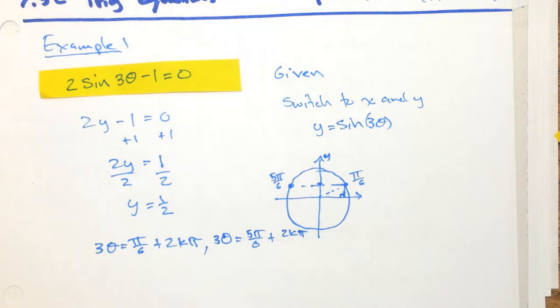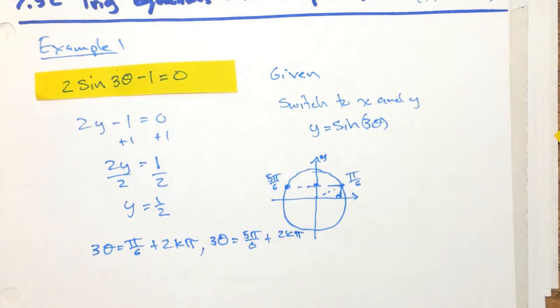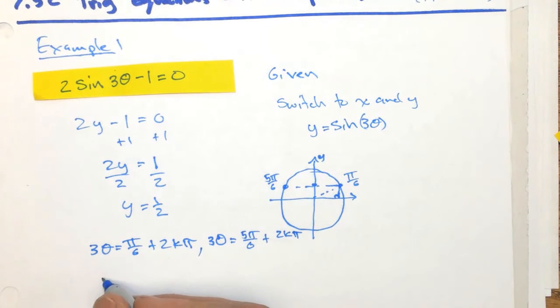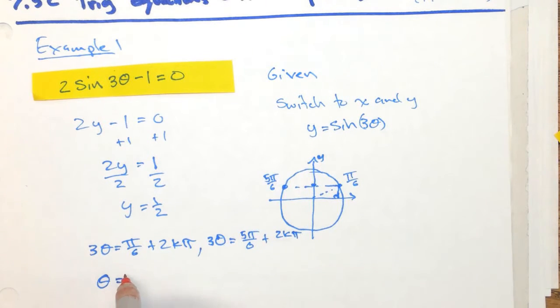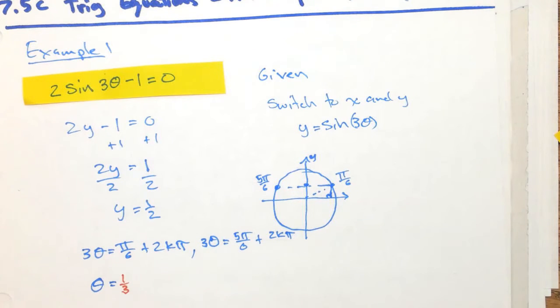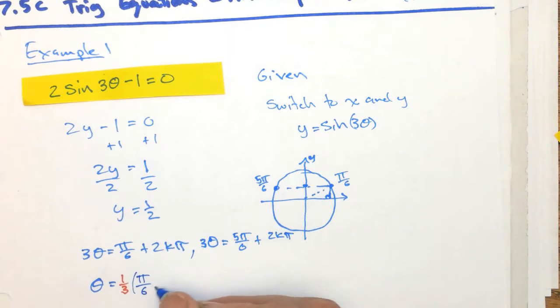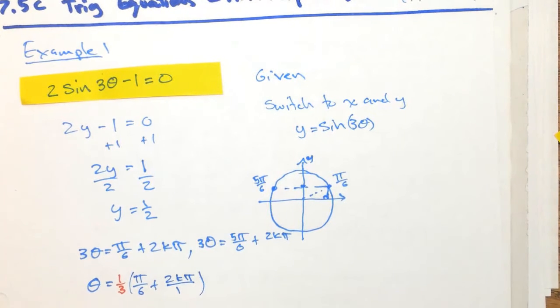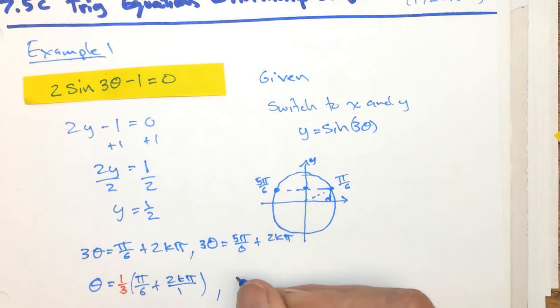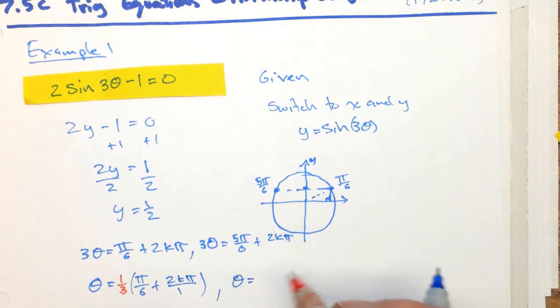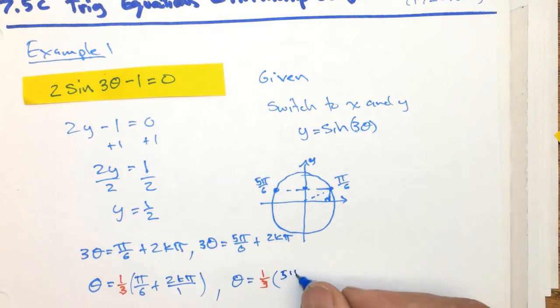Now to do this, since I have fractions involved, when I'm dividing by 3 on both sides, it's the same as multiplying by 1/3. So I'm going to put that 1/3 here. And I have pi over 6 plus 2k pi. I'll put it over 1 so I can distribute easily. And on the other one, I'm going to have theta equals 1/3 times 5 pi over 6 plus 2k pi over 1.